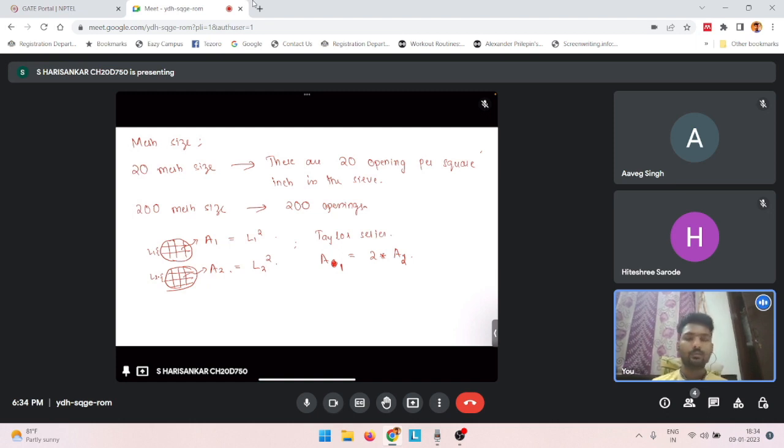So A1 is equal to 2 into A2, or you can write L1 square is equal to 2 into L2 square. So if you take the ratio L1 by L2, that will be equal to root 2. This will be the ratio of the lengths of the openings of adjacent meshes in a sieve. This is just some extra data that you can note down if you want. But that is how usually meshes are designed.